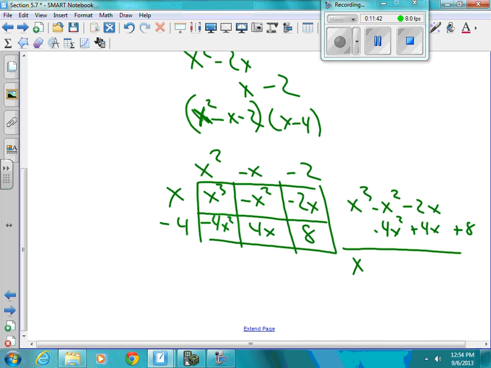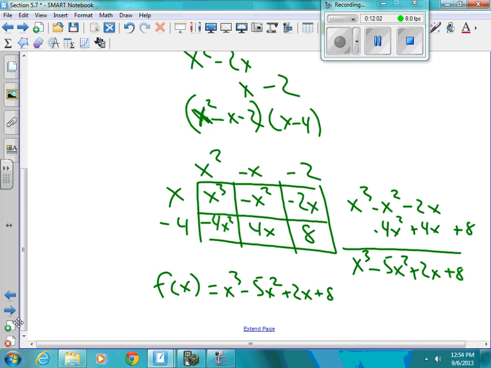X cubed by itself, minus 5x squared, plus 2x, and 8 is by itself as well. Here is my equation. F of x equals x cubed minus 5x squared plus 2x plus 8.